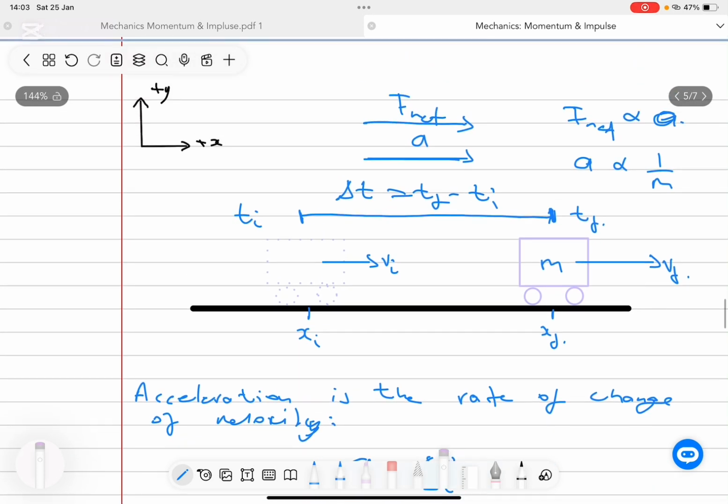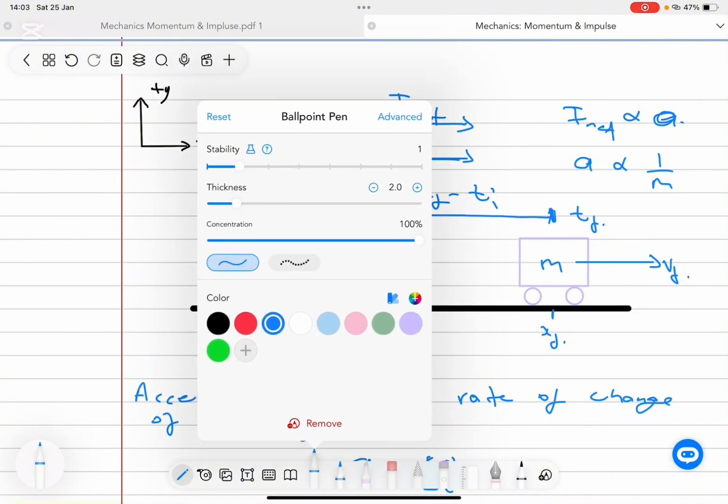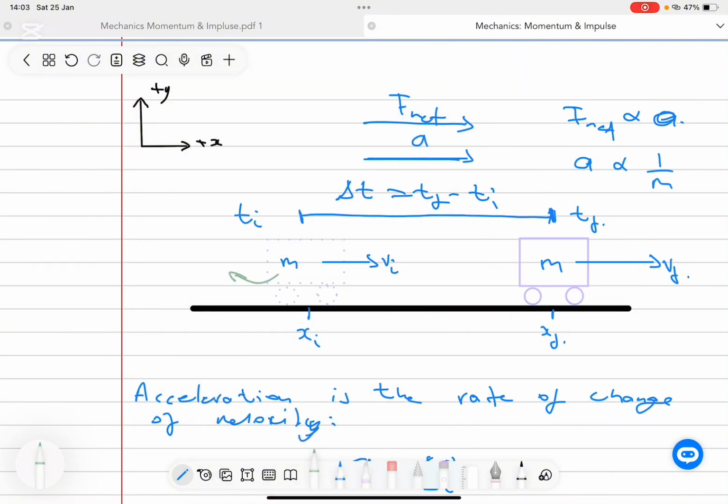What does this law actually say to us in terms of looking at the physical situation or our motion here? What does it tell us? Well, remember here that we have the initial velocity and this object has a mass. This would mean that I can say I have initial momentum because I have the mass and the velocity. So I can define this to be m v initial. I have the initial momentum.